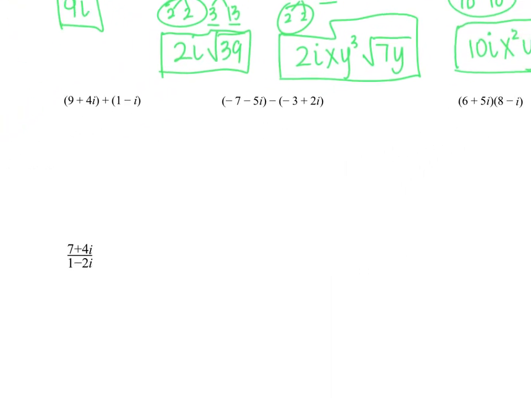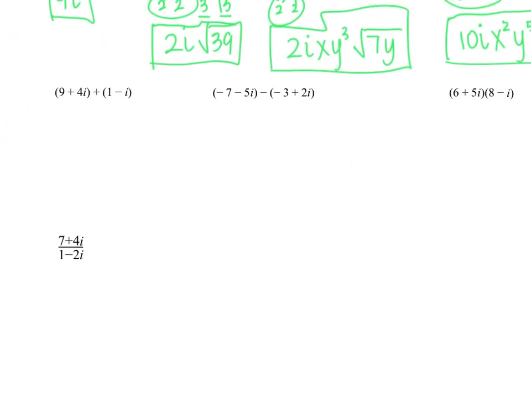Next, we're going to take a look at operations with complex numbers. We're going to look at addition, subtraction, multiplication, and division. When we are adding or subtracting complex numbers, we do it very similar to when we were adding and subtracting polynomials. We combine like terms.